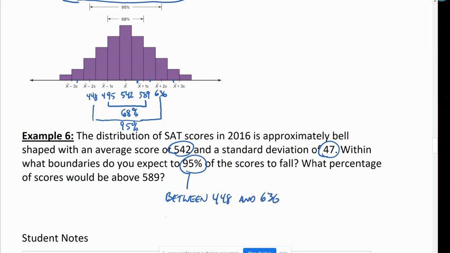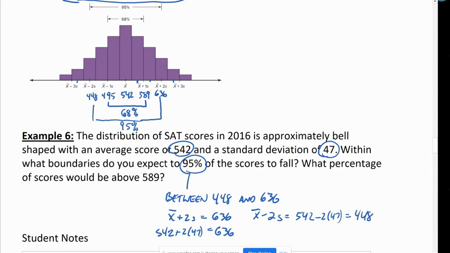So again, those numbers came from doing x bar minus 2s, which is 542 minus 2 times 47, to get 448, and then x bar plus 2s, which is 542 plus 2 times 47, and this one came out to be 636.